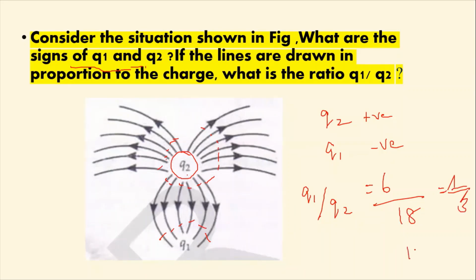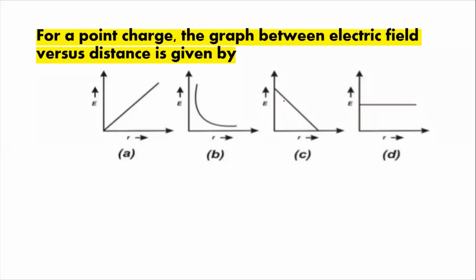Okay, so the answer will be 1 by 3 or 1:3. Ratio of Q1 and Q2. So these types of questions you have to understand, and based on the field lines you have to do the calculation.